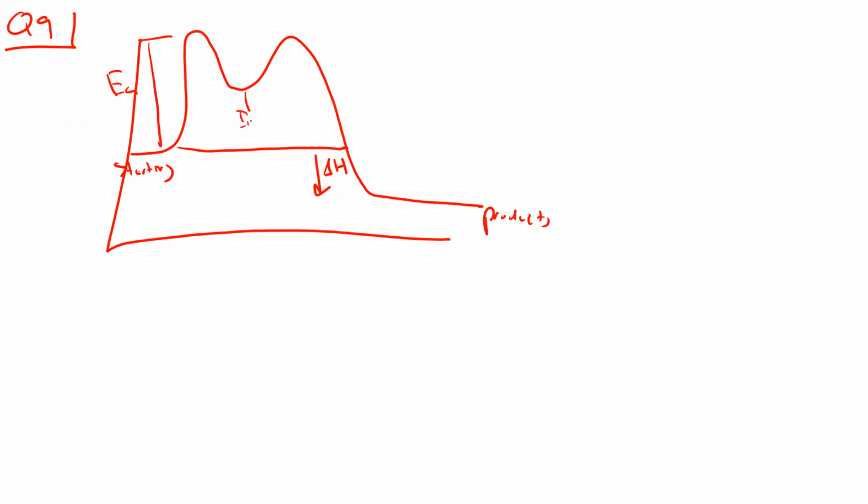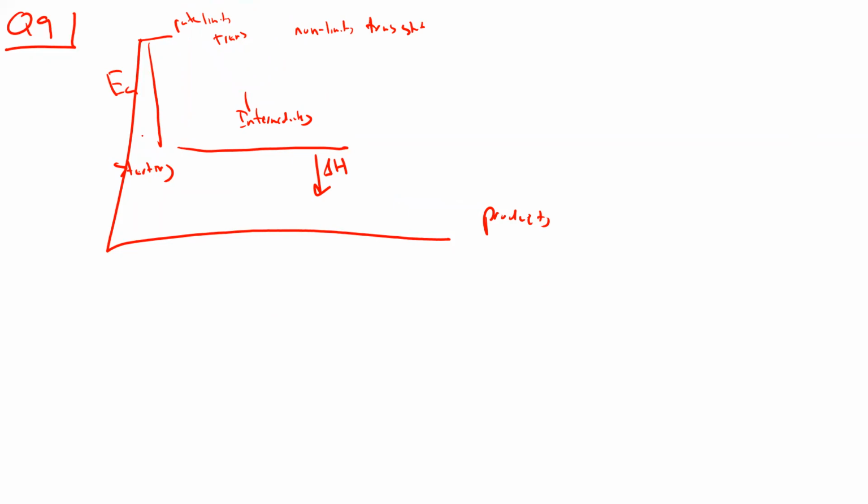Here you have some intermediates. This is your rate limiting transition state, and here's your non-limiting transition state. The difference between the rate limiting and the non-limiting is that it takes the most energy to overcome.